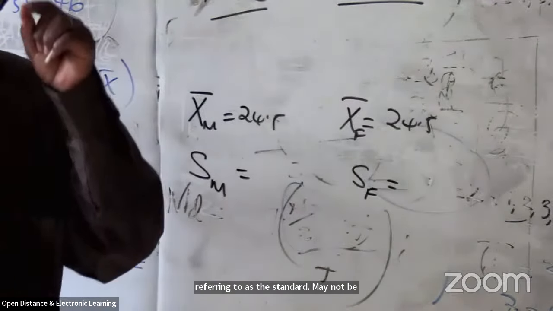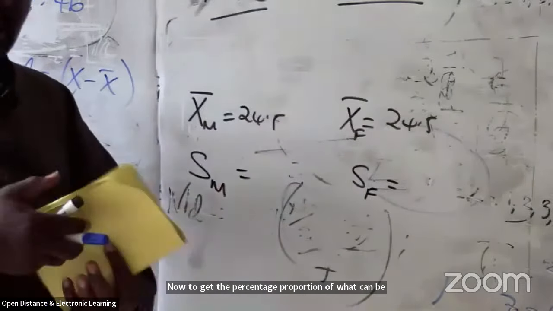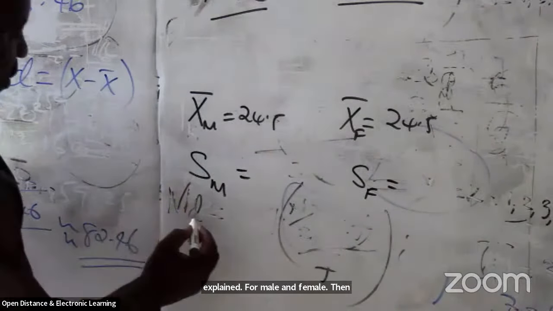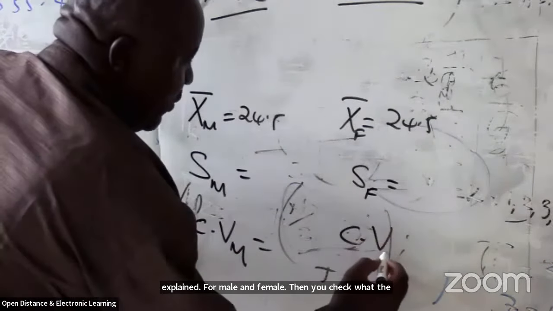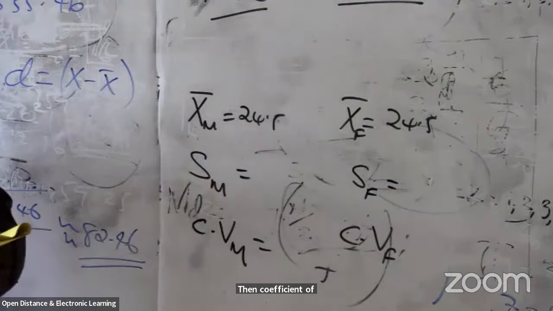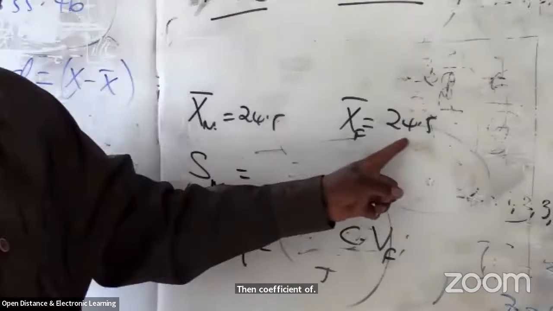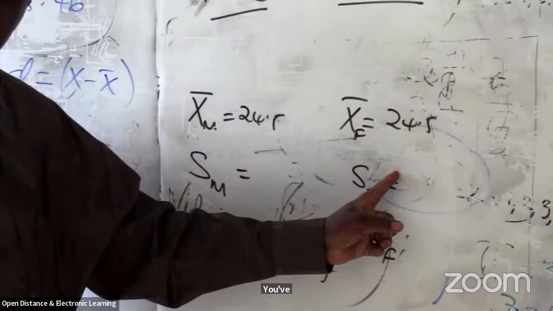Now, to get the percentage proportion of what can be explained for male and female, you check the coefficient of variation for male, then the coefficient of variation for female. Even if they have the same mean, they may have almost the same standard deviation.